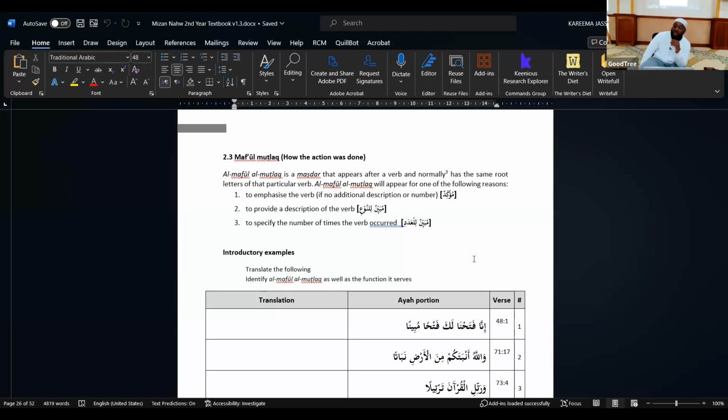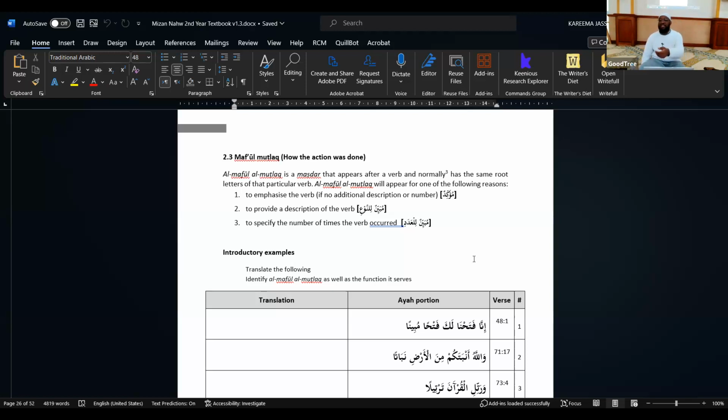Number one, to emphasize the verb, right? So when does the maf'ul mutlaq appear to emphasize the verb? If you only see the maf'ul mutlaq, then it comes to emphasize the verb. For example, jalastu jalsa, I really sat, right?